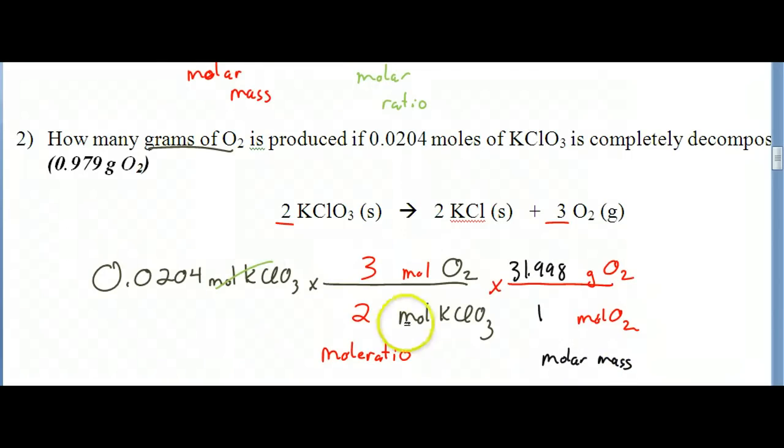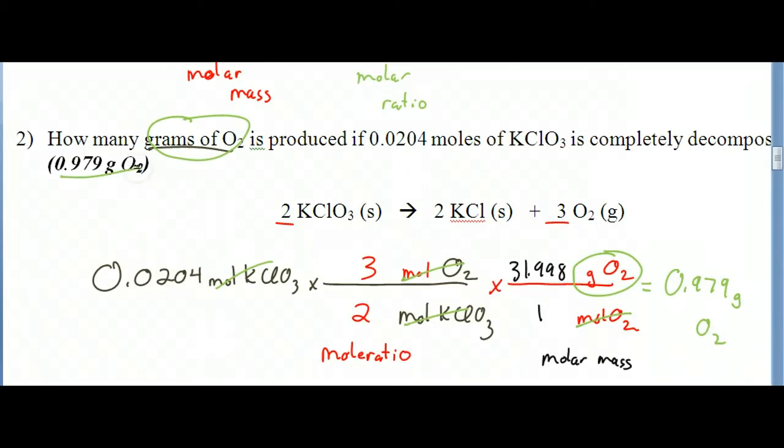Moles KClO3 crosses out with moles KClO3. Moles of oxygen crosses out with moles of oxygen. I'm left with grams of O2, which is what the question asked for. So now I can pull this into my calculator, round to proper sig figs, and you get 0.979 grams of O2, like my answer gives us.